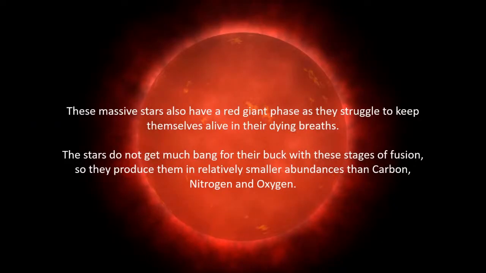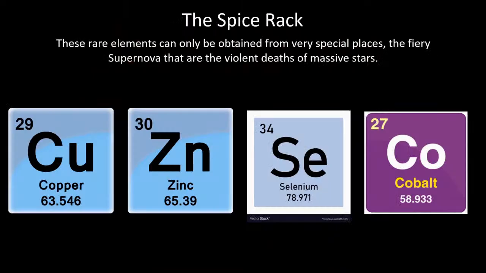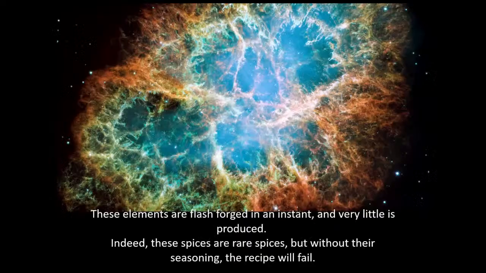As for the spices, these are rare elements and can only be obtained from very special places, the fiery supernova that are the violent deaths of massive stars. These elements are flash-forwarded in just an instant, and very little of them is produced. Indeed, these are rare spices, but without their seasoning the recipe of life will fail.